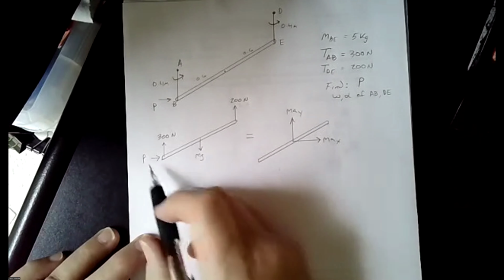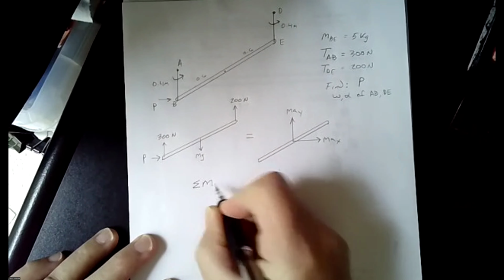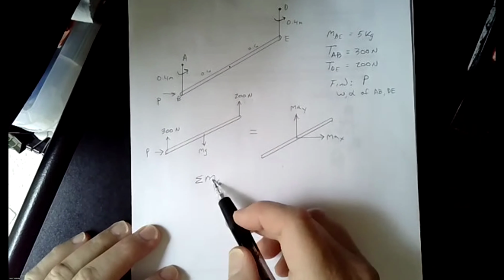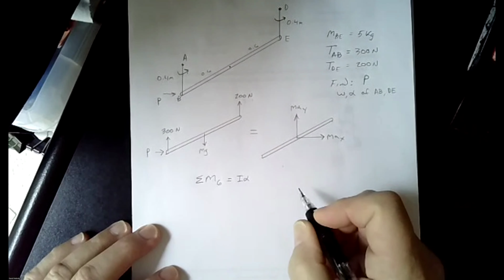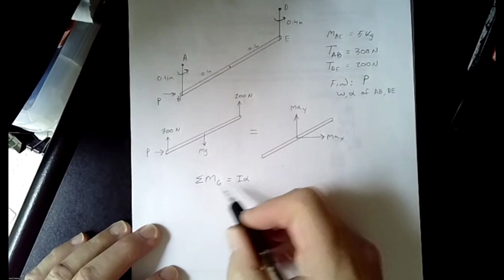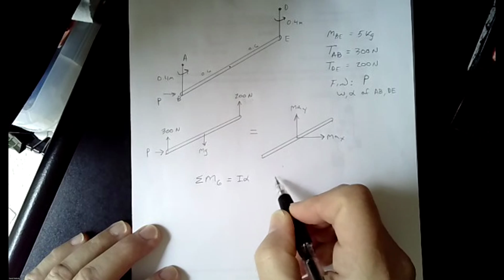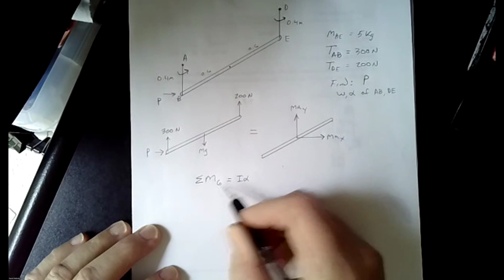All right. First off, we're going to figure out what P is. So we're going to sum the moments about G. Now, what's the sum of the moments about G, the center of gravity? It equals I alpha. But I just told you that if we're going about the center of gravity, that's all we have. We don't have an MAD term. That's only if it's a point other than the center of gravity. But we know that this is only translating.